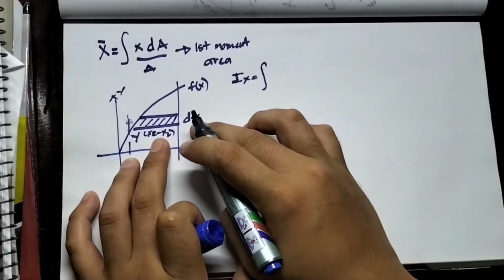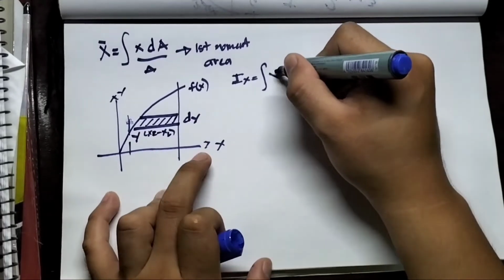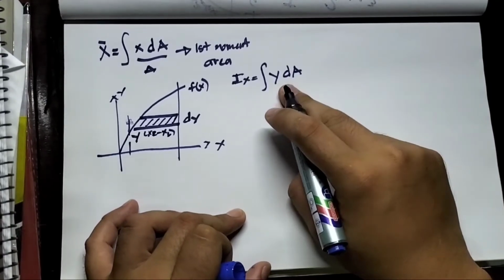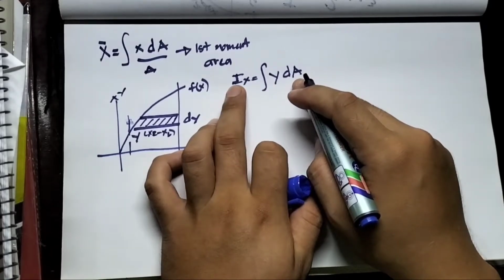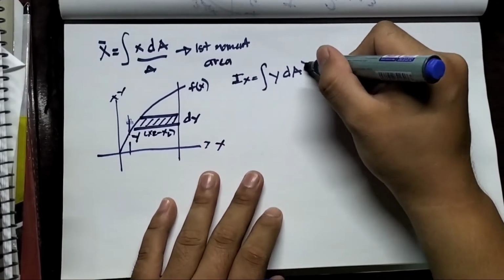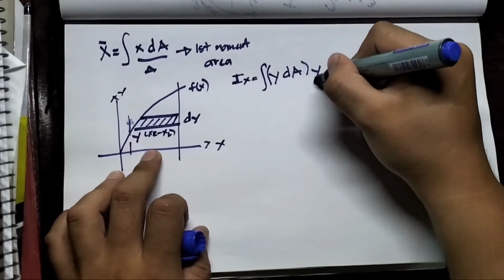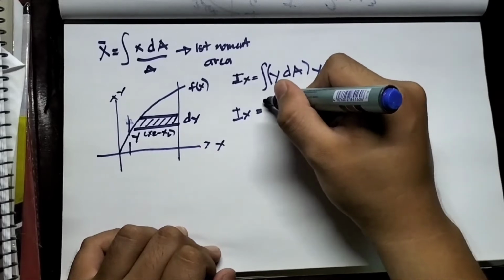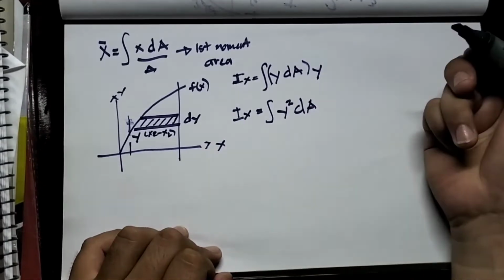The first moment of an area is the differential of y, which is y dA. The first moment of area. In moment of inertia, we only multiply again the moment arm, which is y rin. Kaya siya naging integral of y squared dA.